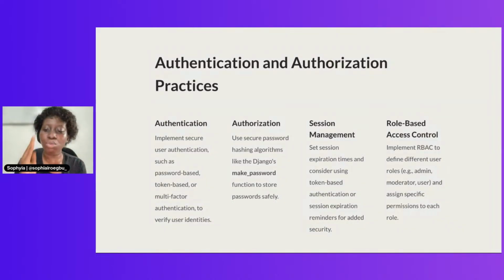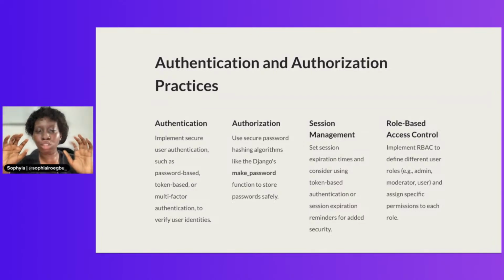Then let's talk about role-based access control. Ensure that your projects have at least two user roles, the admin and the regular user. Then ensure that the regular user cannot just access any information. Ensure that the user can access just specific information or specific data.